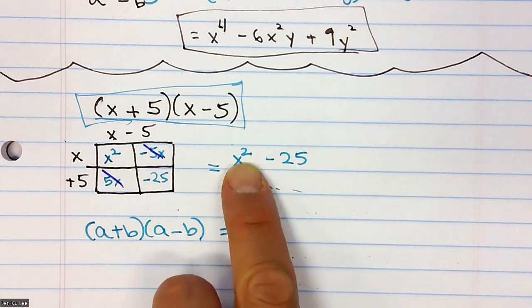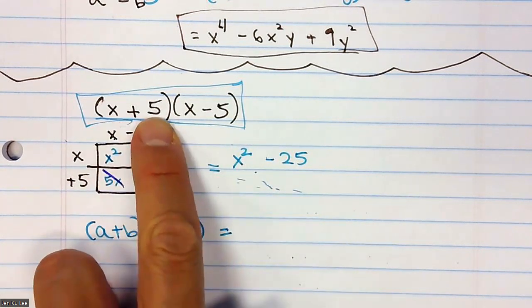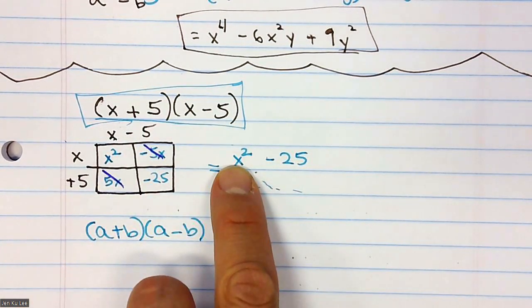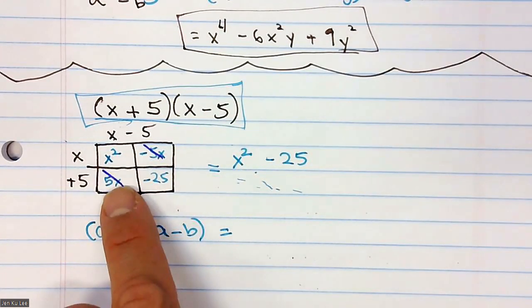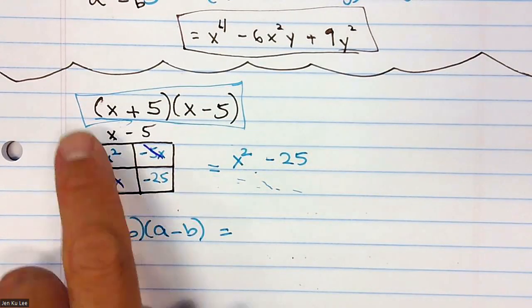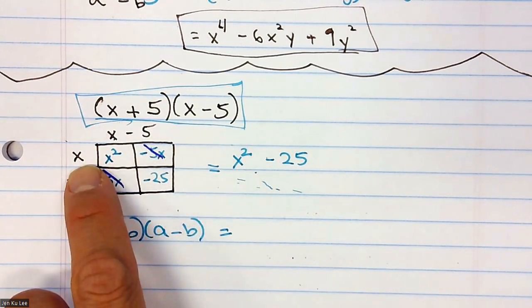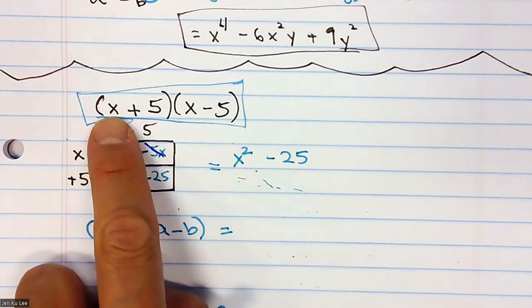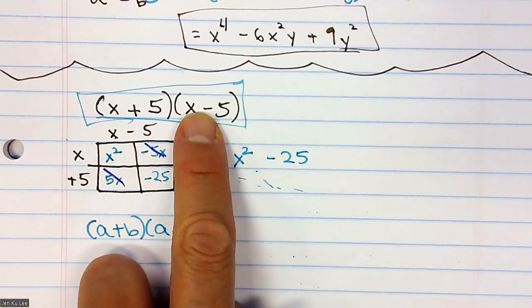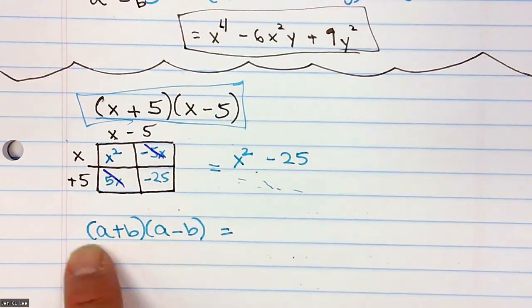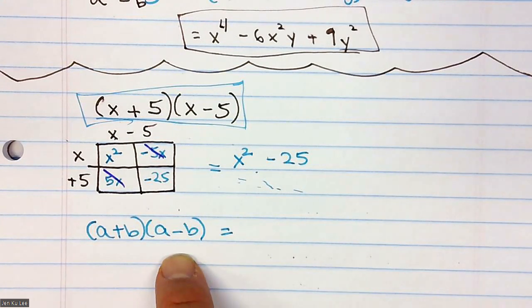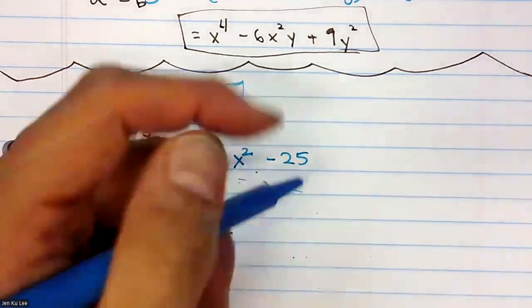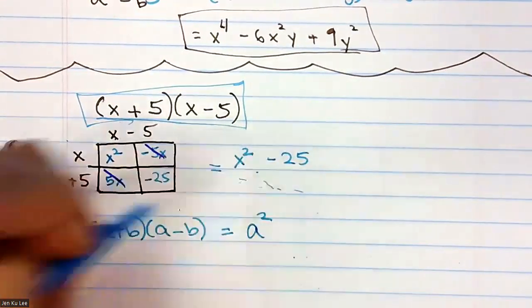How did I get x squared? What's the relationship between x squared and x plus 5 and x minus 5? How did I get x squared here? Multiply x times x, right? To get x squared. Yeah. X is my first term, correct? My first term in my generic form is a, right? So the first term here would just be a squared.